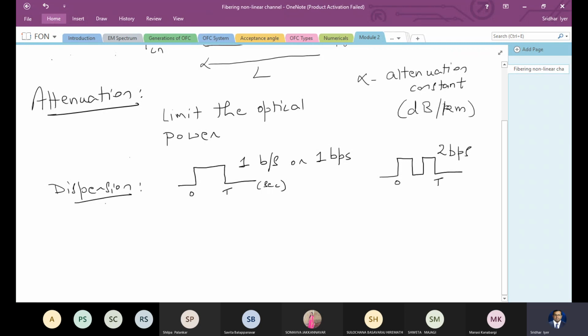However, what this dispersion does is, if I take this example of 1 bit per second, with distance, that means as the bit propagates longer distances, because of the attenuation factor and other factors like scattering and bending, which we are going to look at, this bit between 0 to t starts to elongate, and now the bit looks something like this with distance, and this is 0, this is t.